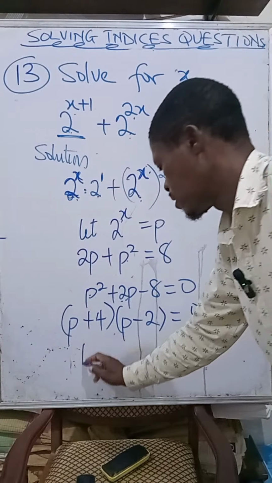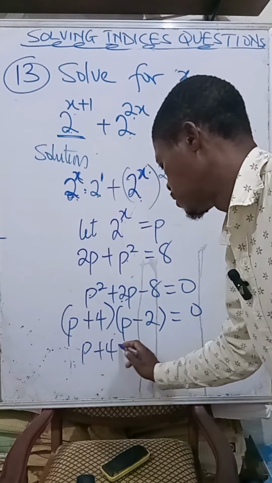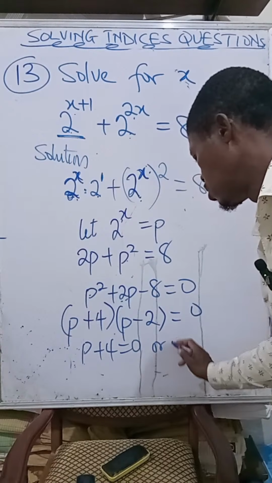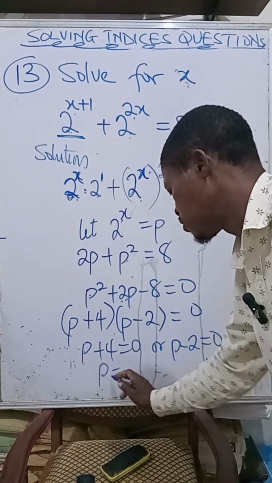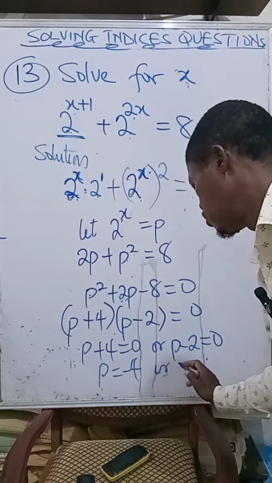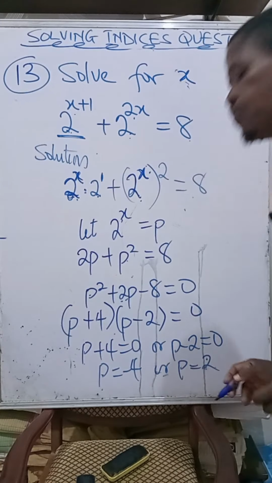So this implies p plus 4 is equal to 0, or p minus 2 is equal to 0. So p is equal to minus 4, or p is equal to 2.